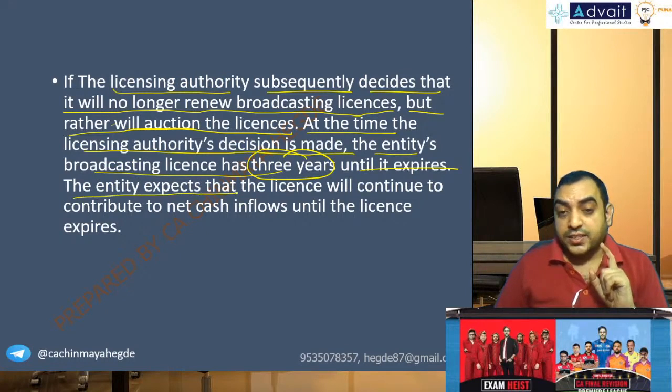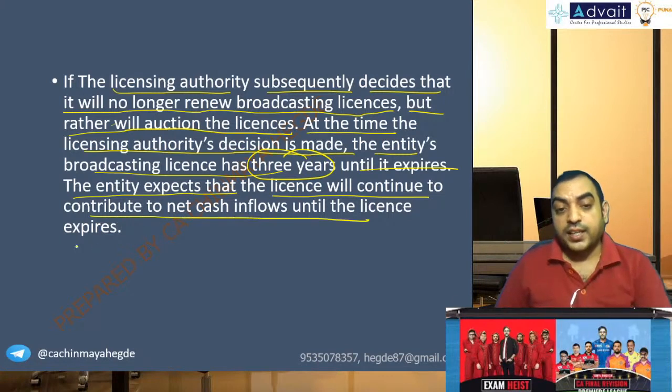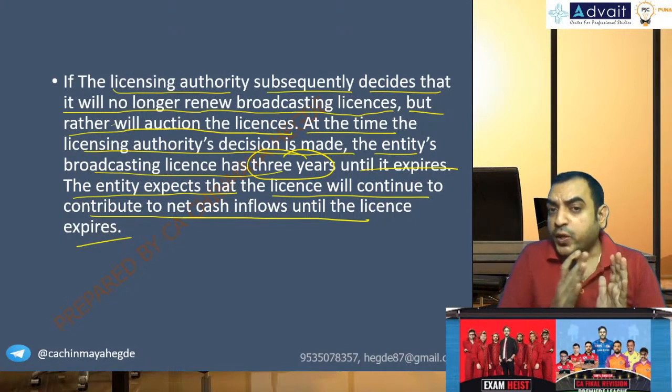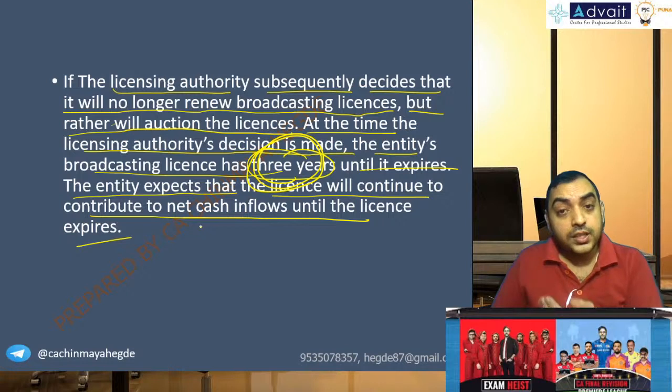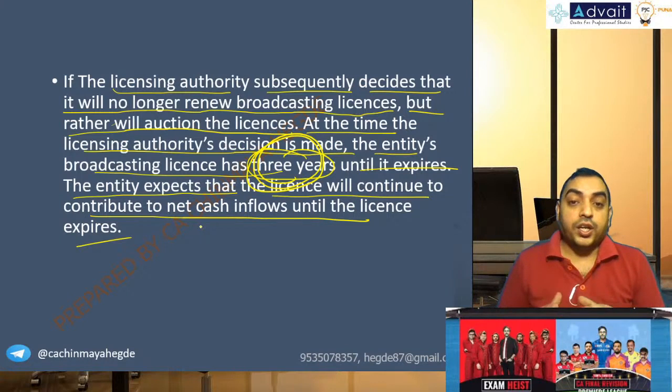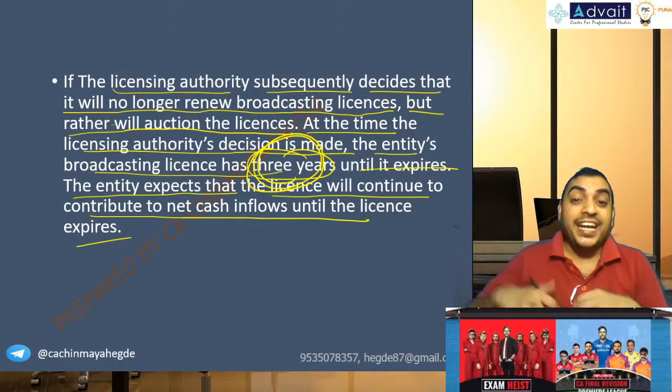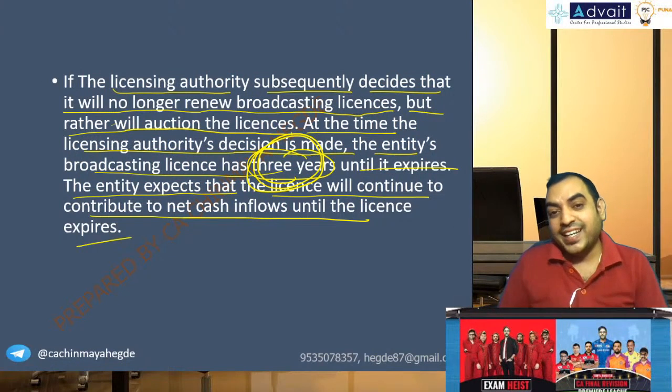The entity expects that the license will continue to contribute to net cash flow until the license expires. So far things were going fine, but from now onwards it is going to be auctioned, so you will not get an automatic renewal. So 3 years remaining, and after 3 years you may get it, you may not. So your assumption of indefinite useful life has now changed.